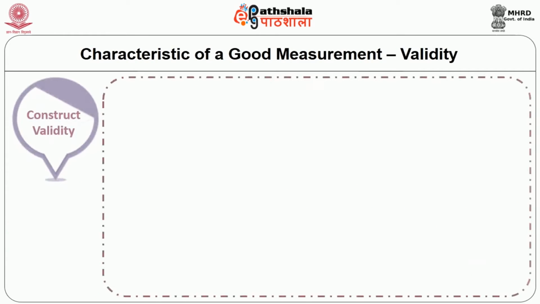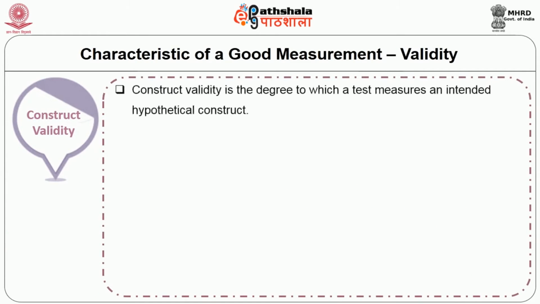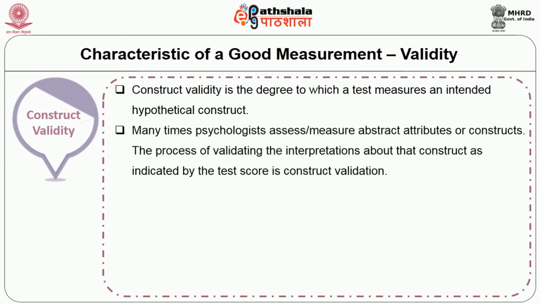Construct validity. Construct validity is the degree to which a test measures an intended hypothetical construct. Many times, psychologists assess or measure abstract attributes or constructs. The process of validating the interpretation about that construct as indicated by the test score is construct validation.